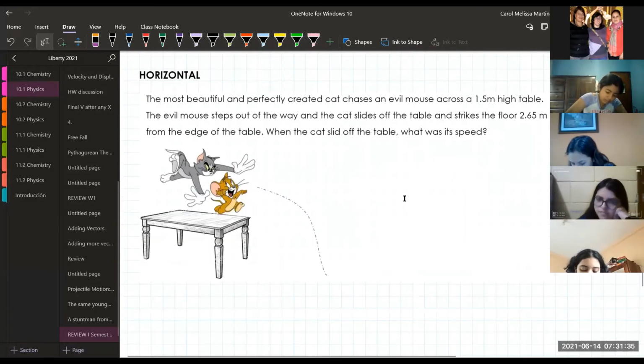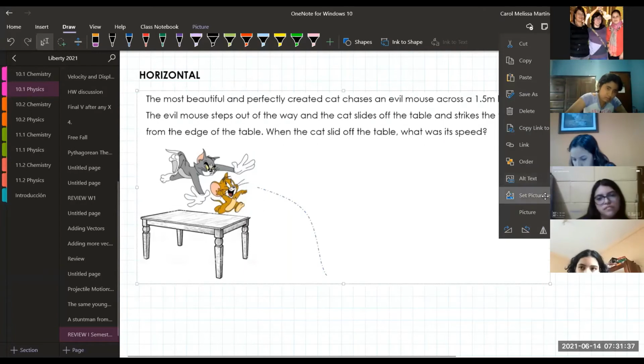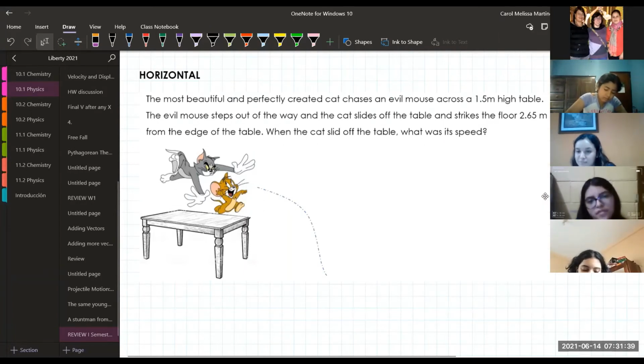Now take a look at this exercise. I love it because I love cats. The most beautiful and perfectly created cat chases an evil mouse across a 1.5 meters high table.